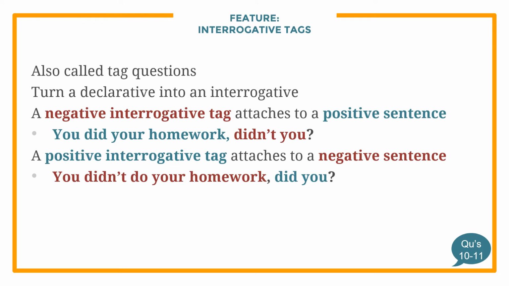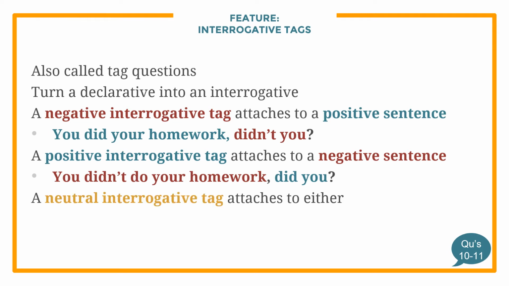But then the tag that attaches to it is positive. We can also use neutral tags, ones that are neither positive nor negative. And that's something like, you did your homework, right? Words like right or yeah, those sorts of things. They're neither positive nor negative, and so we can attach them to any kind of sentence.